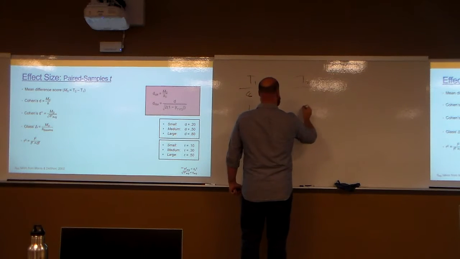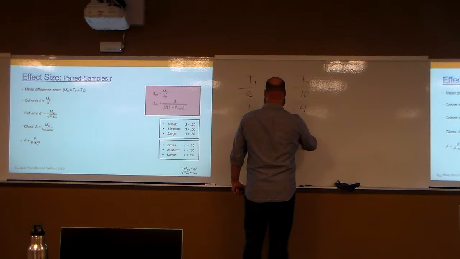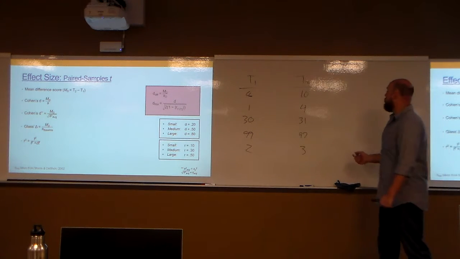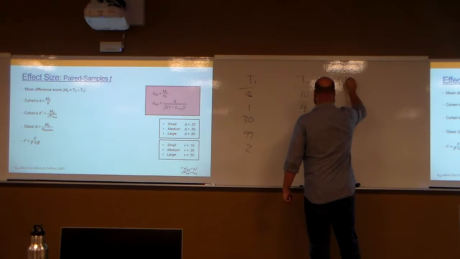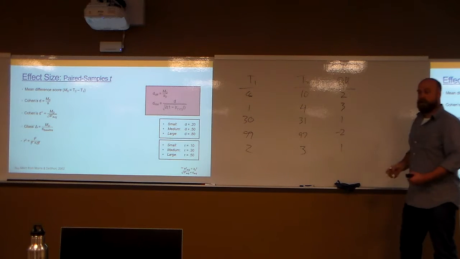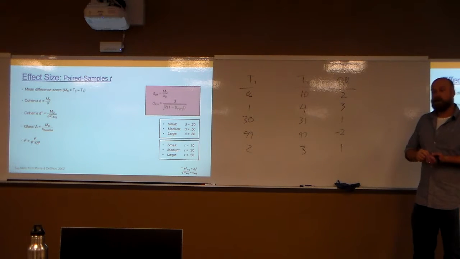And I go through and I measure people at time 2, and you get 10, 4, 31, 97, 3. Okay. What does the variability look like? Massive, right? But if I look at the difference, right? I've got 2, 3, 1, -2, 1. What's the variability in those scores? Low. Really, really low, okay?